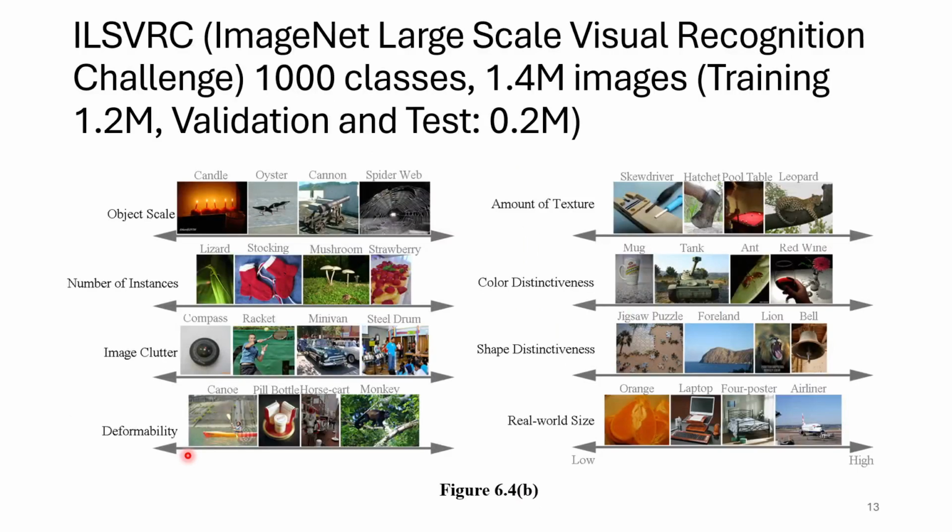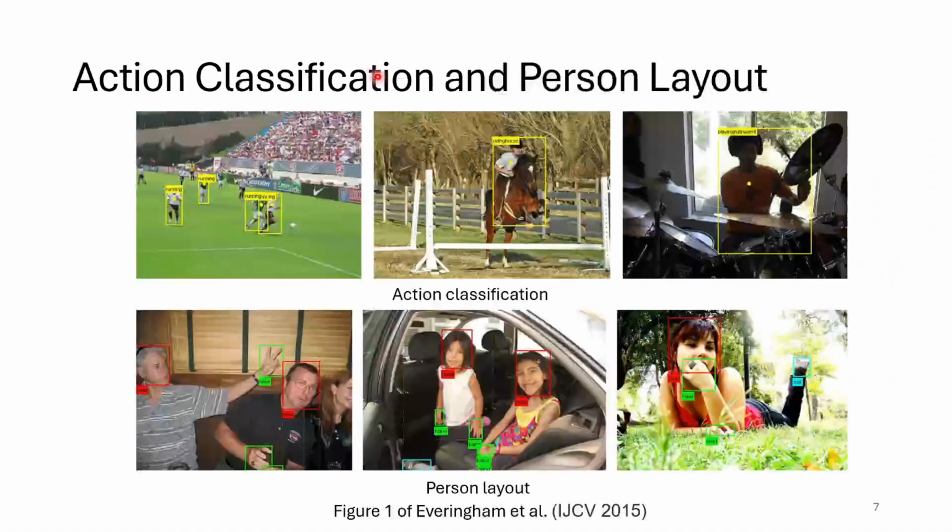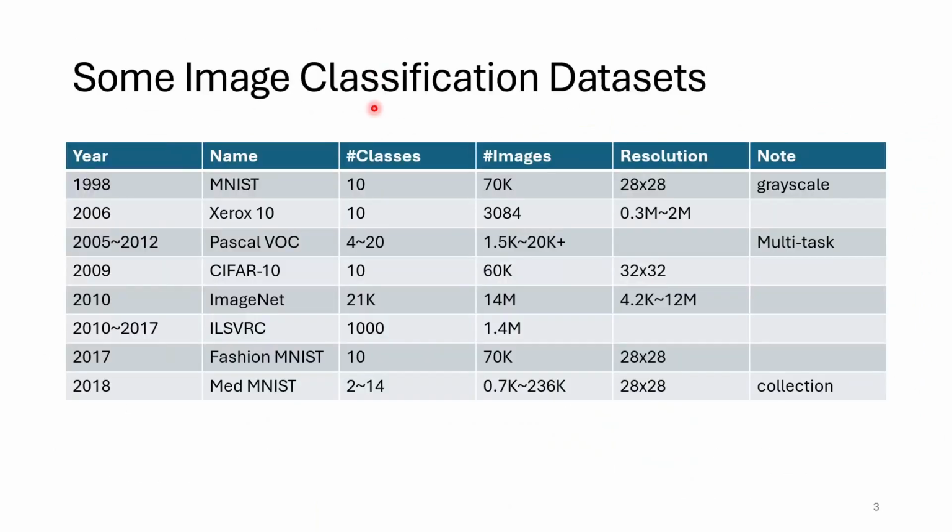But there are still too many, 21K classes is too many. So they held a challenge, the ILSVRC, from ImageNet. Large scale, because as you can see, until 2009, Pascal VOC was the top challenge, and there were only 20 classes.